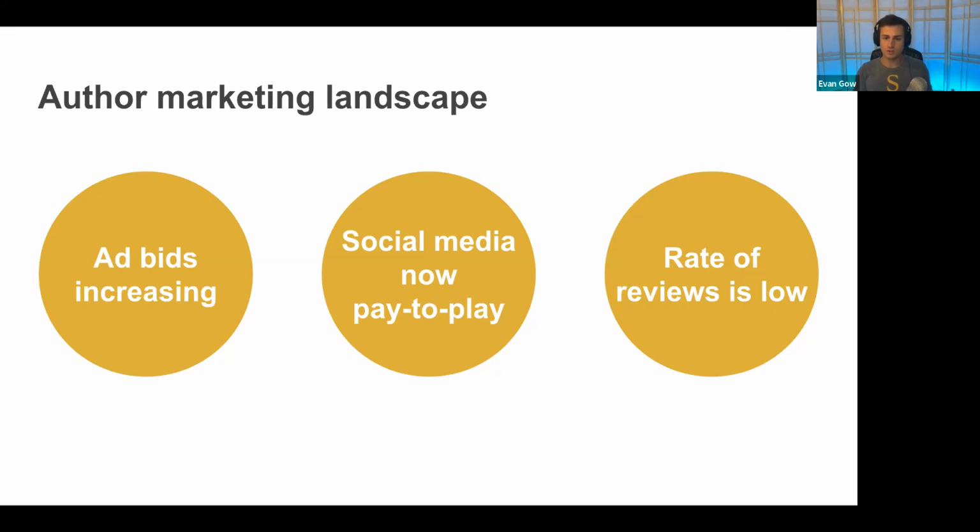The other thing is social media. For example, having a Facebook page used to be that the timeline was all just based on the timestamp, the time that you posted. If someone's browsing Facebook at the time that you post something, then that will show up in their feed.